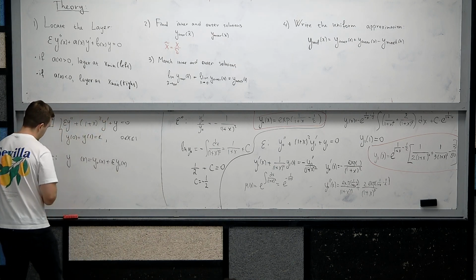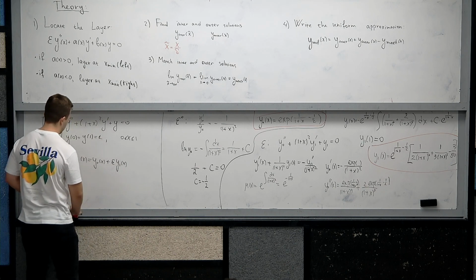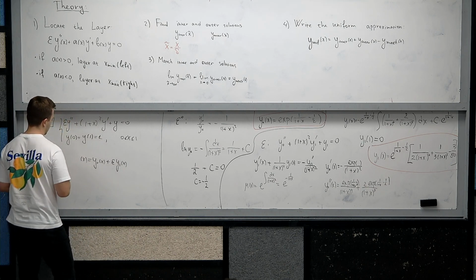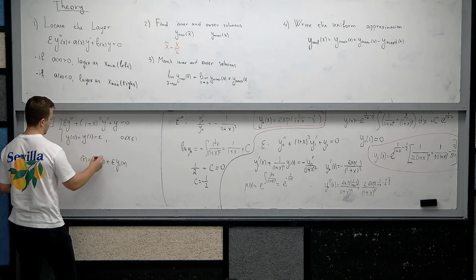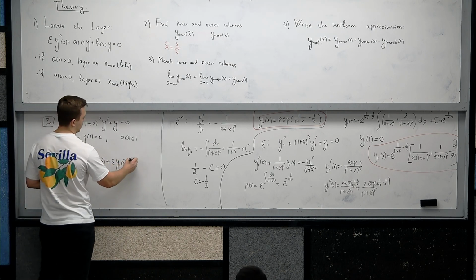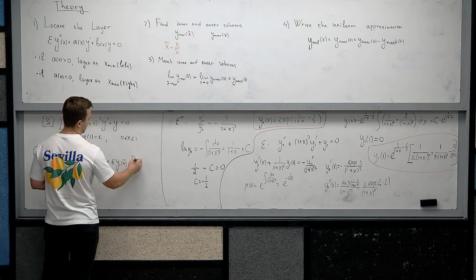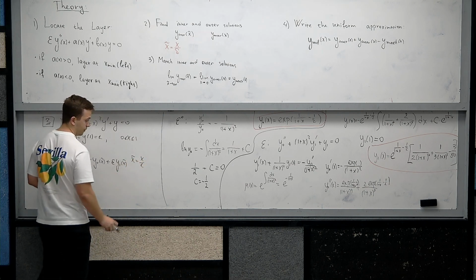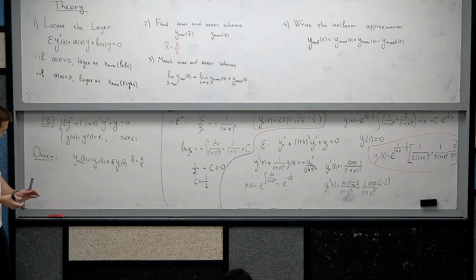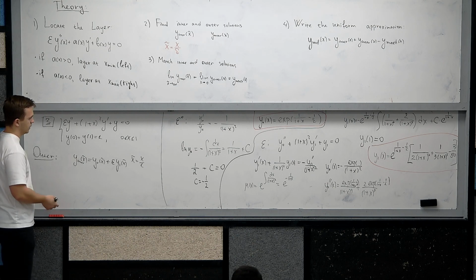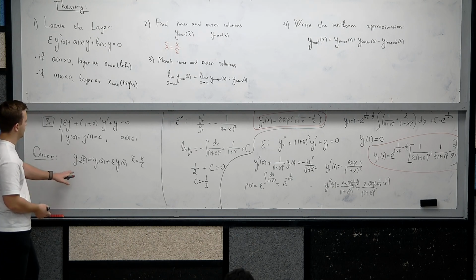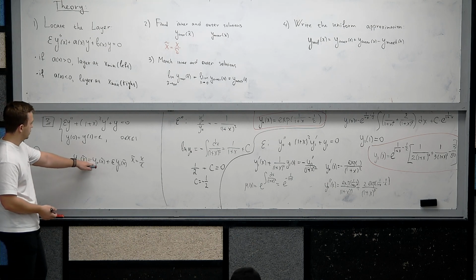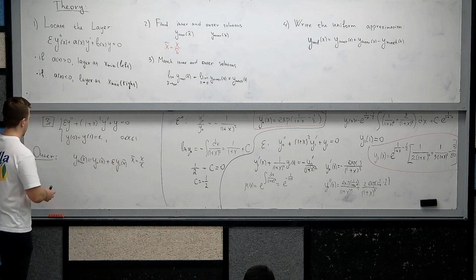So I rescale my variable x to x tilde. And x tilde is x over epsilon. Okay. And now let's solve this for y naught and y1.